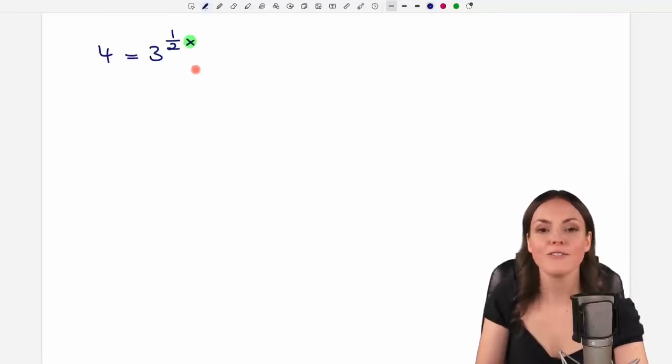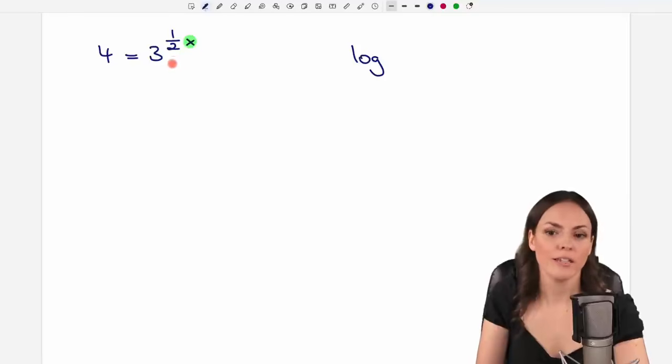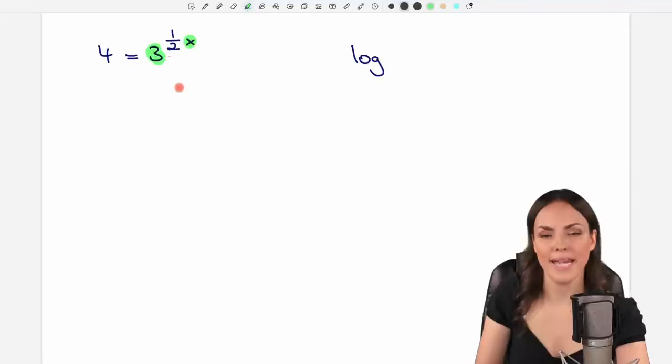And now is the perfect time to use the logarithm because this equation is simple enough to use it on both sides. So I want to apply the logarithm on both sides of this equation, and the easiest way to use the logarithm is to use it to this base.